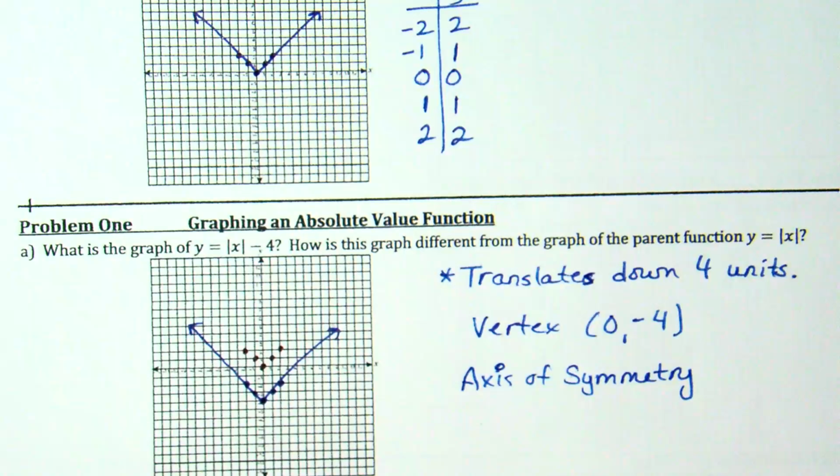Now, this next phrase is usually more reserved for parabolas, but we're going to talk about it with the absolute value V's also. Axis of symmetry. What do I mean by axis of symmetry?